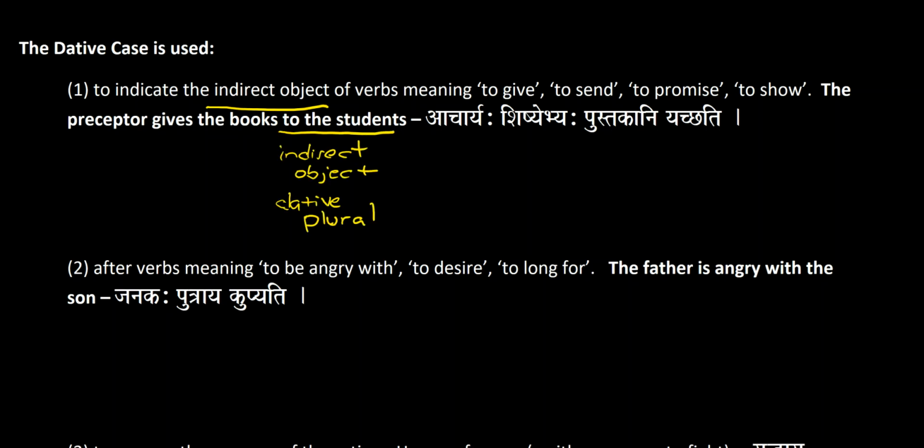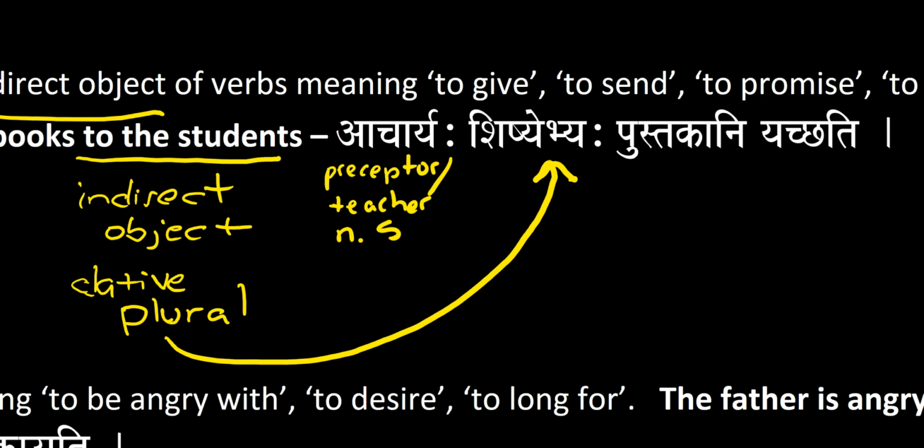Since they are the indirect object, the students has to be declined in the dative plural form, which is shishyebhyah. Acharyaha is the preceptor or the teacher, and that is nominative singular because it is the subject of the sentence. And then we have pustakani.